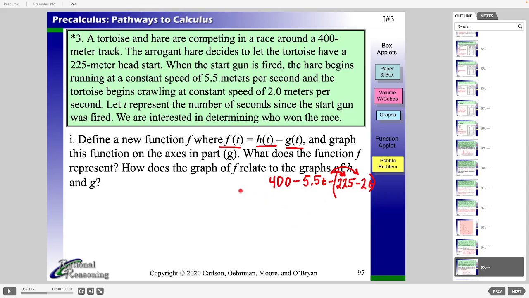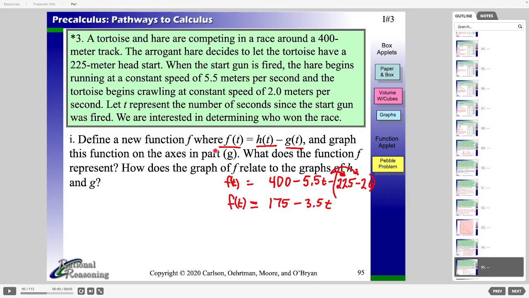So you end up with f of t. 400 minus 225, there's the 175. Negative 5.5 plus 2 is going to be negative 3.5t.